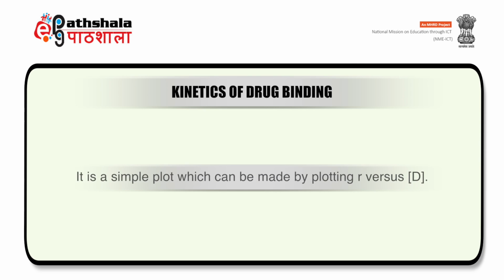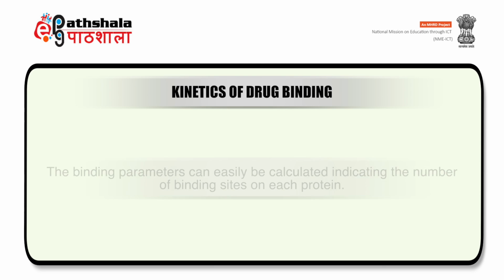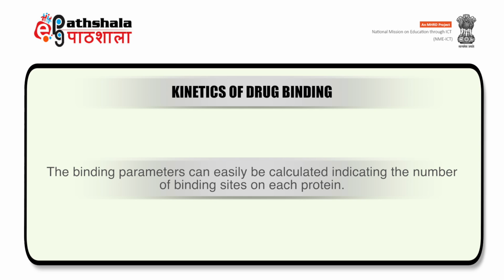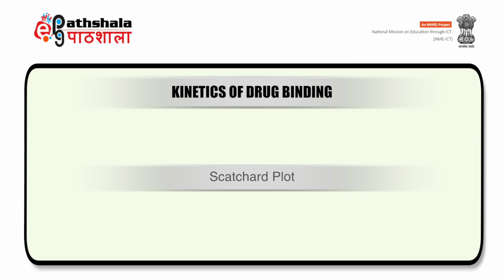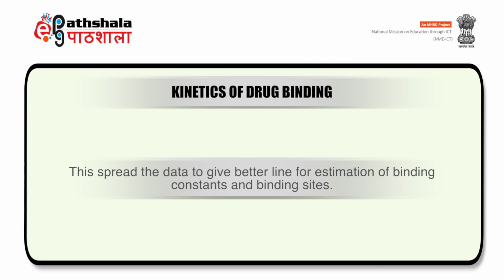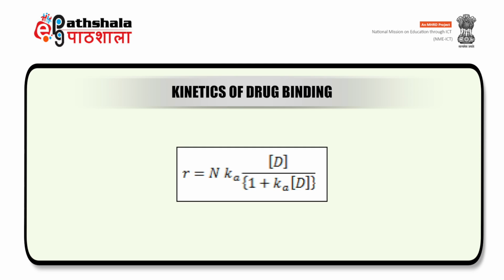Direct plot, it is a simple plot which can be made by plotting R versus D. The binding parameters can easily be calculated, indicating the number of binding sites on each protein. Scatchard plot, this spreads the data to give a better line for estimation of binding constant and binding sites. By converting equation 7 into a linear form, this plot is obtained as shown on the screen.